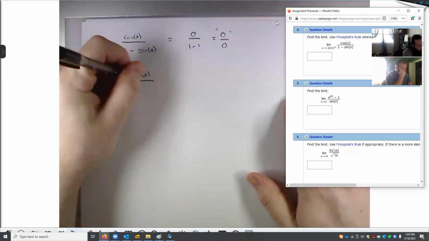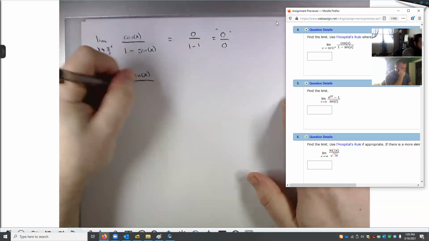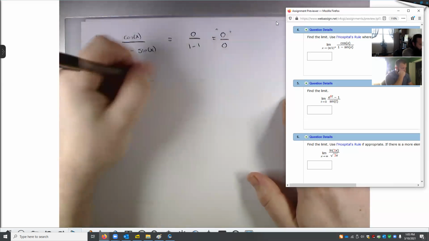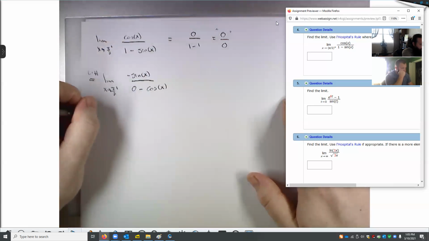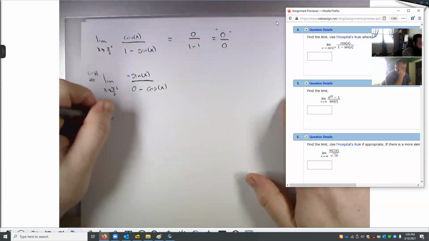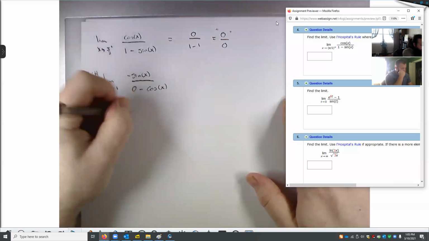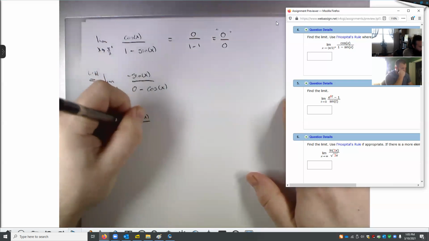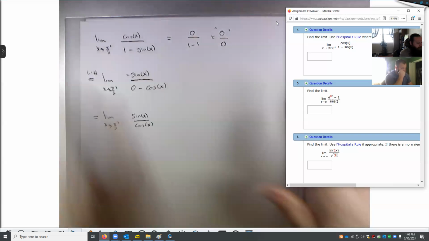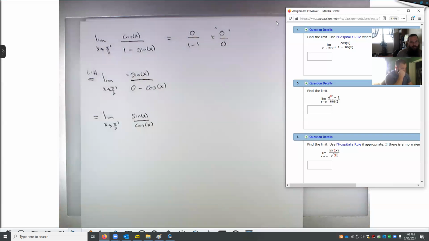And then downstairs here, I'll have the derivative of 1, which is 0, minus the derivative of sine x, which is cos x. So this looks like the limit as x goes to pi over 2 from the right of sine x over cos x, right? Because the negatives go away. We've got a negative upstairs, negative sine x, and negative downstairs, negative cos x.